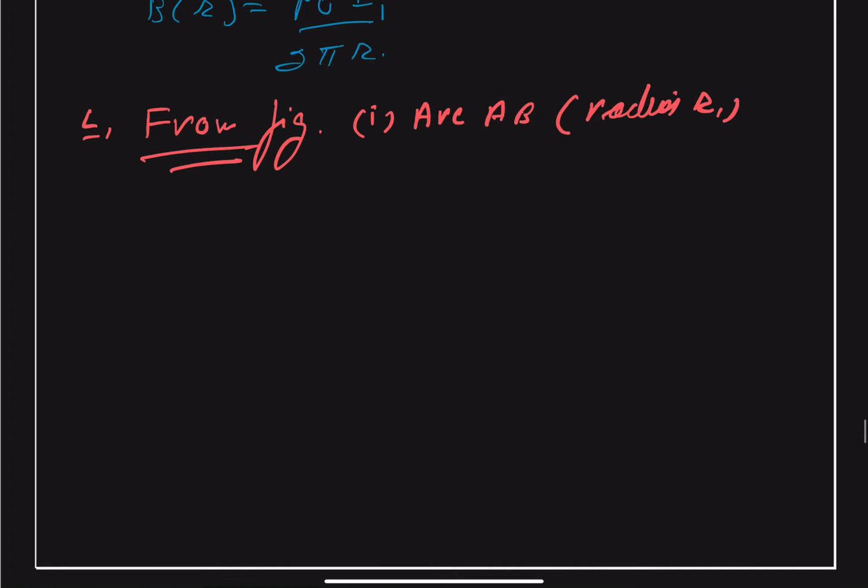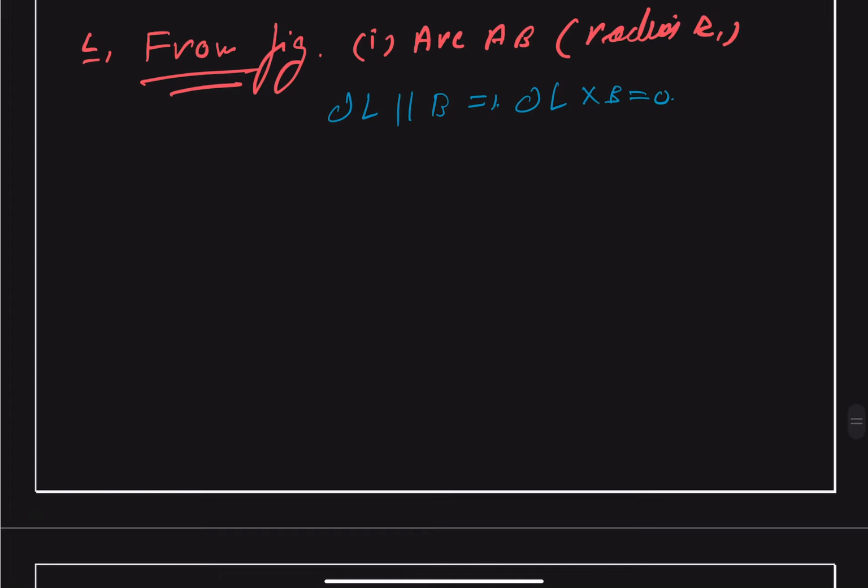Here a small component dl will be parallel to our magnetic field. So dl cross B will be equal to 0. Therefore the force FAB, because of this small arc, will be equal to 0.